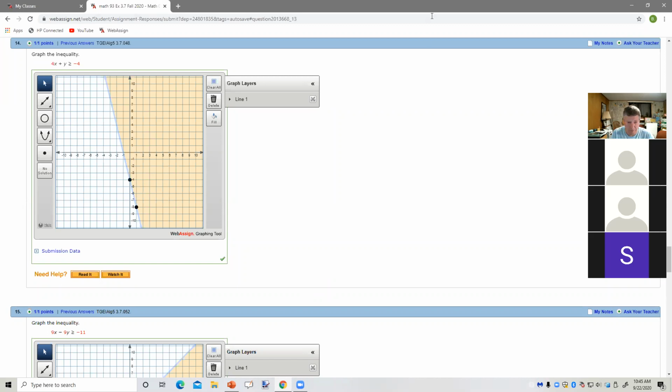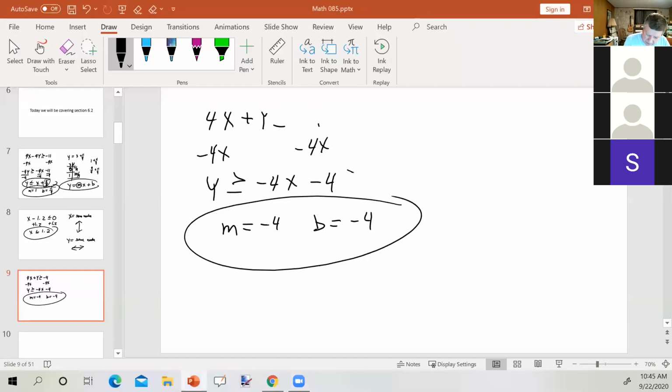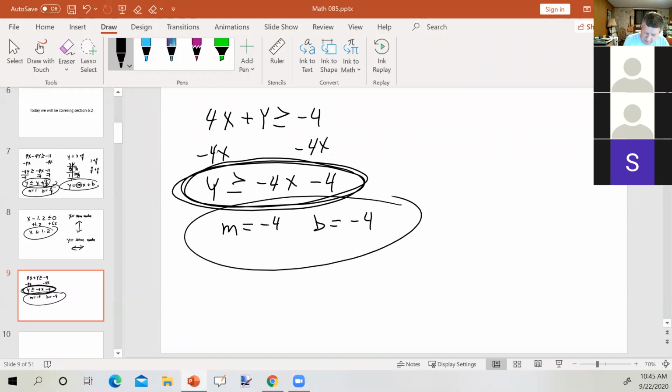Okay, all right, let's go back to this screen. So did you get it in this form that I'm circling? No. Well, you said you subtracted 4x from both sides, right? I did.